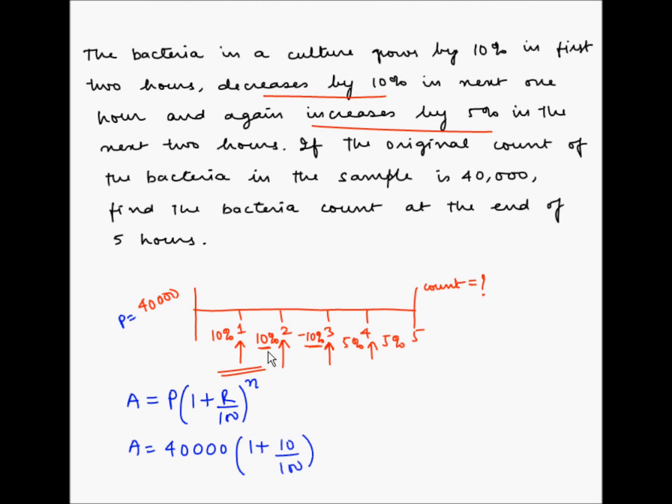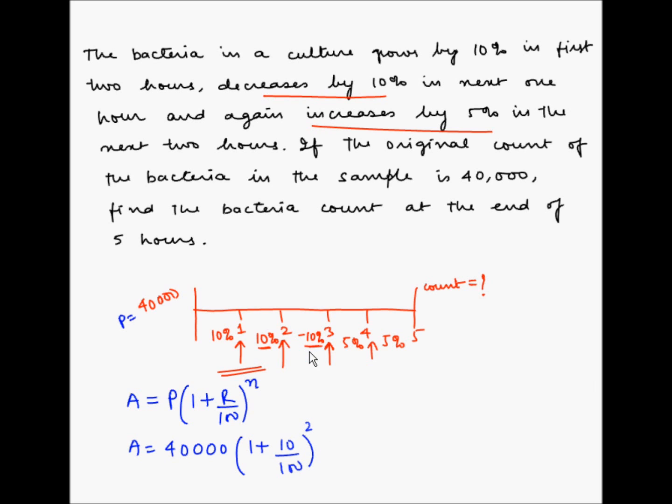So that 10% is applicable on the count which is at the end of the first hour. And the count at the end of first hour is this, 40,000 multiplied by 1 plus 10 by 100. So to this I have to multiply 1 plus 10 by 100 because the growth for the second hour is again 10%. So instead what I can do is I can put this as to the power 2.